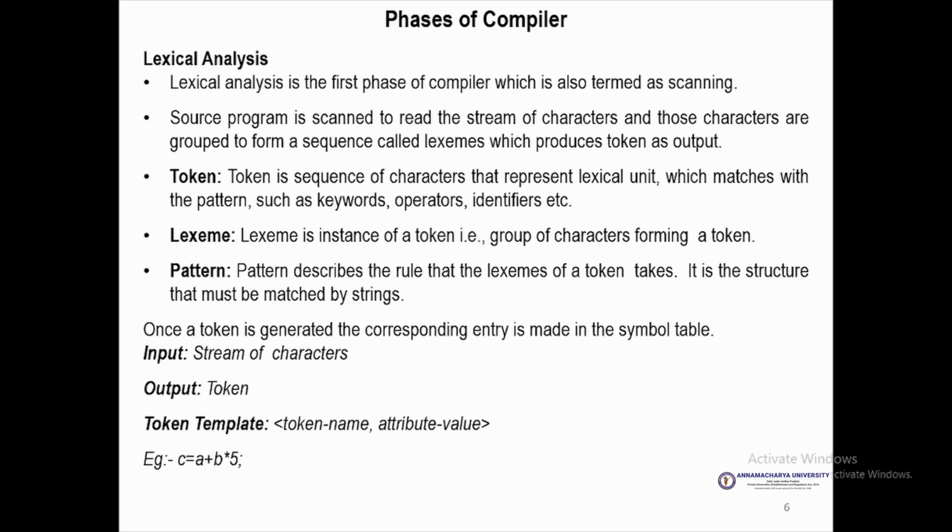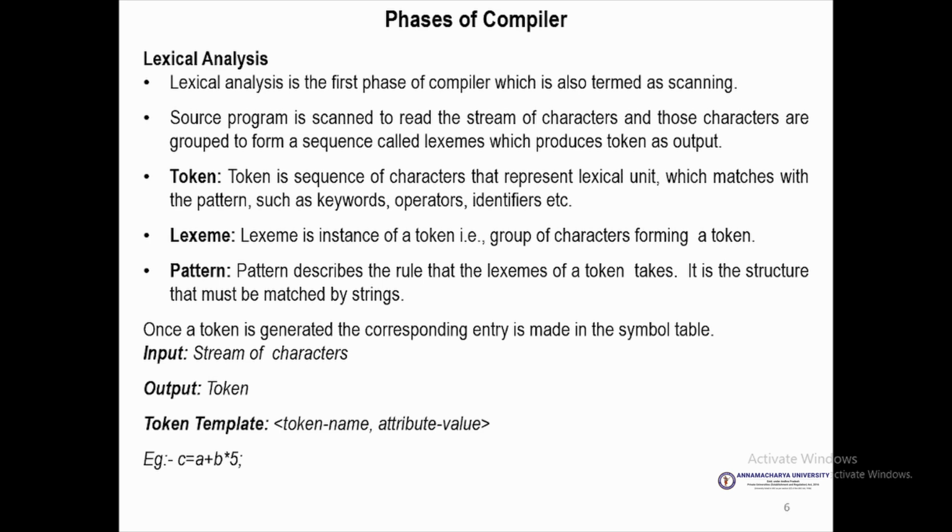An example is given here: C = A + B * 5. C is one token, equal to is one token, A is one token, plus is a token, B is one token, star is a token, and 5 is another token. Here C, A, B are tokens of the type variables.